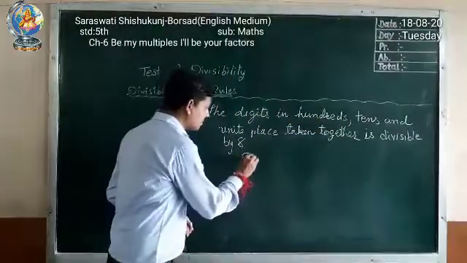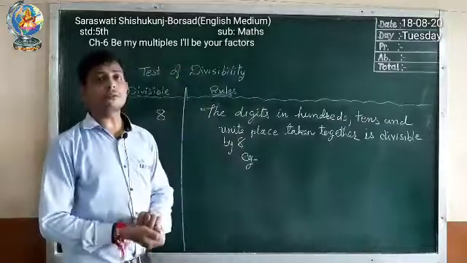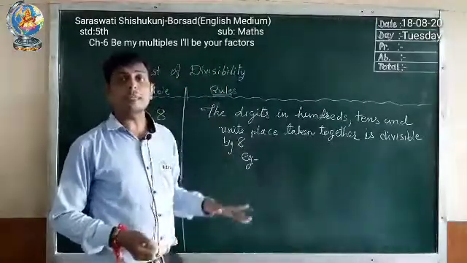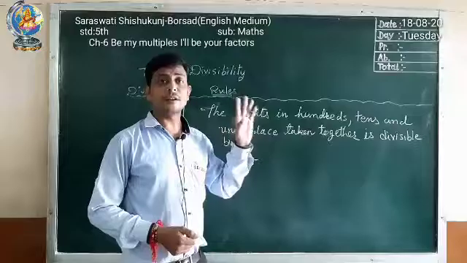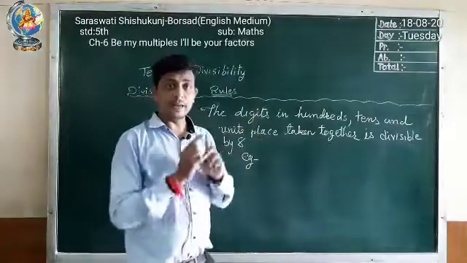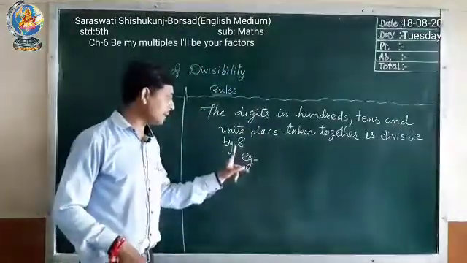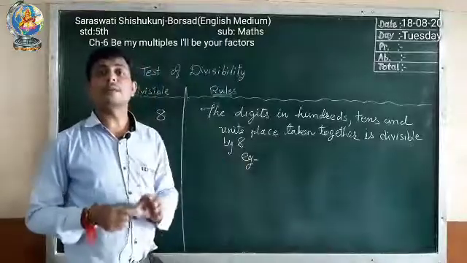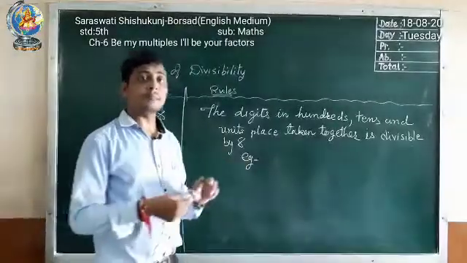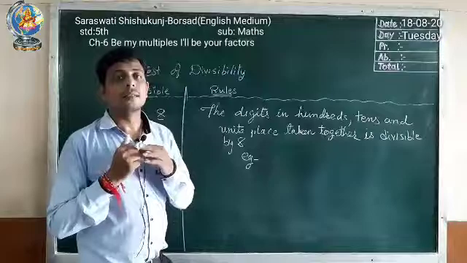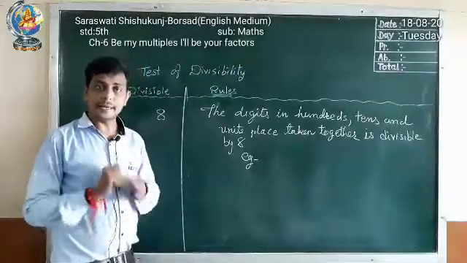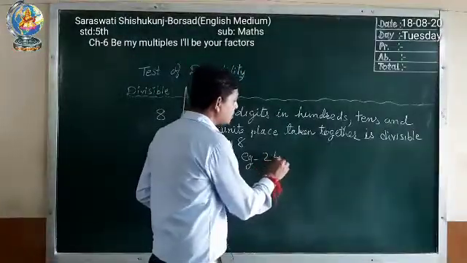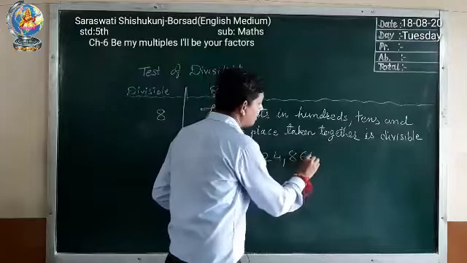Example. It means what you have to do is take the last 3 digits, the unit, tens and hundreds place values together, and divide that number by 8. If you get remainder 0 while dividing by 8, then the number is divisible by 8. 24,864.